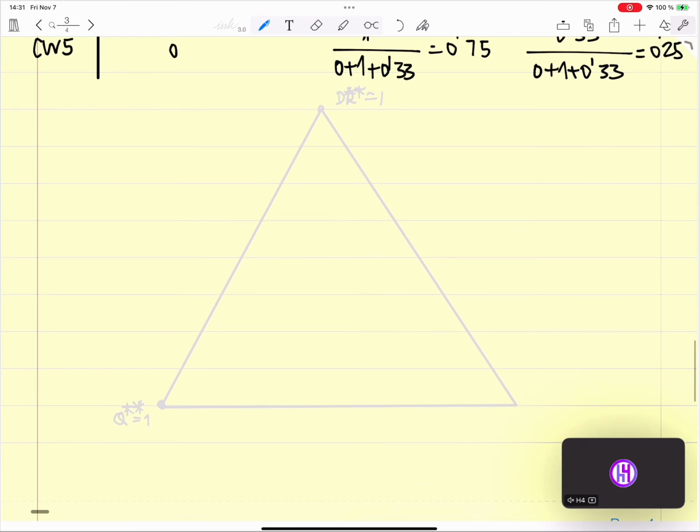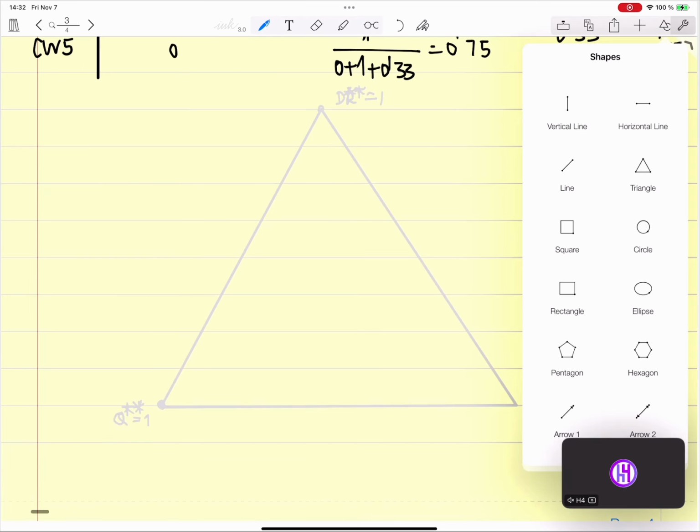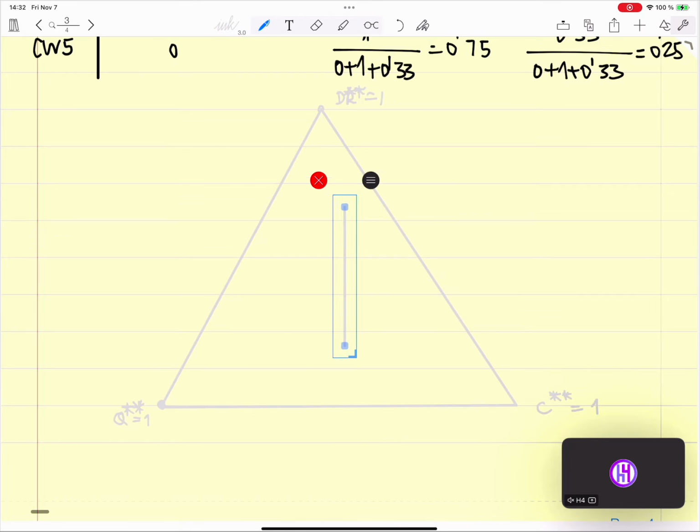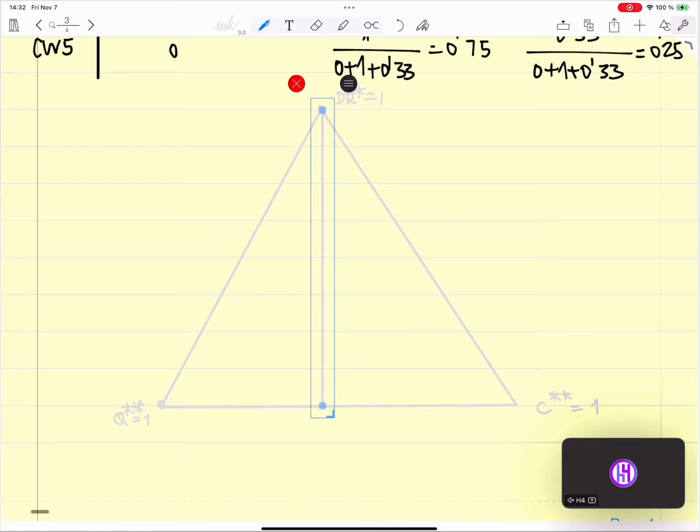And here we have our cost star star equal 1. One particular aspect of this geometry is that it has 3 axes in 2 dimensions. So all the points add up to 1, but these points have 3 axes.